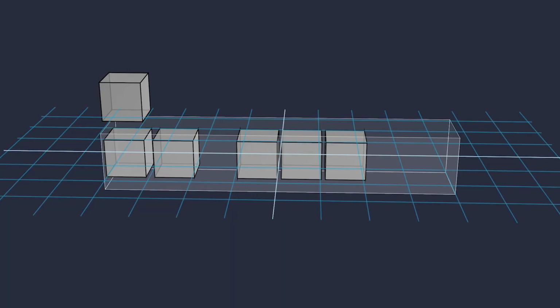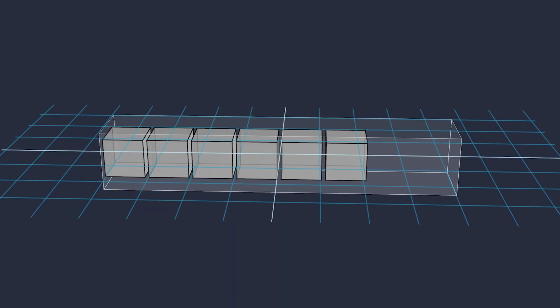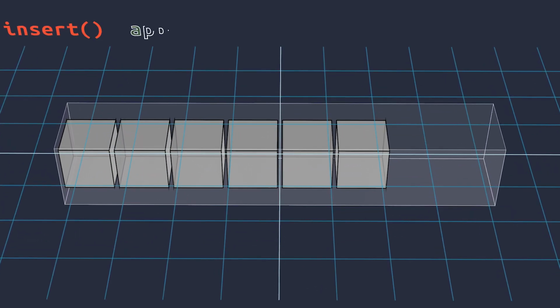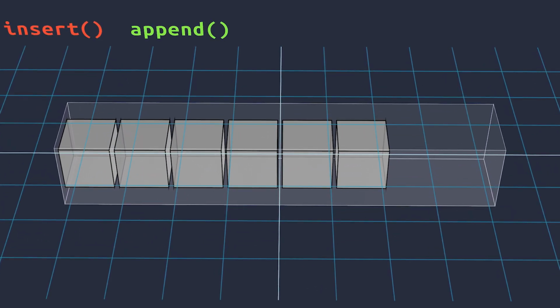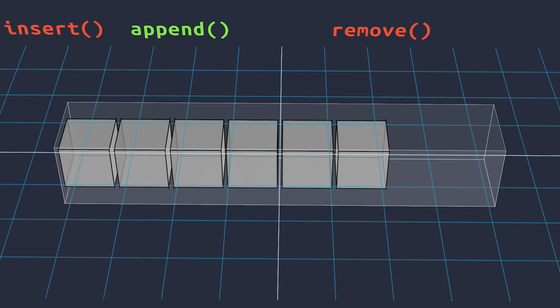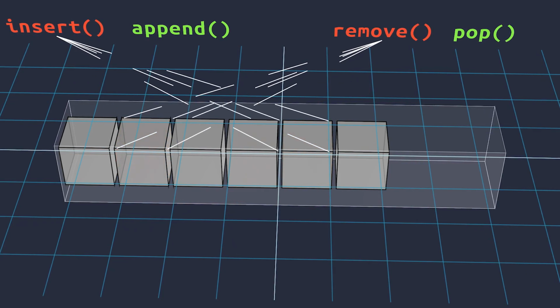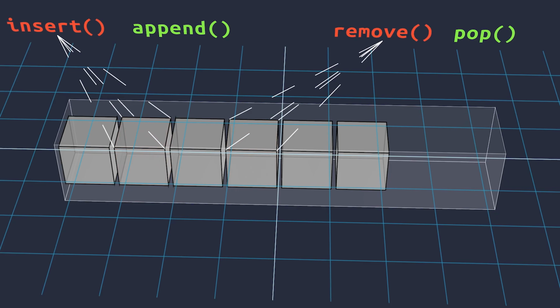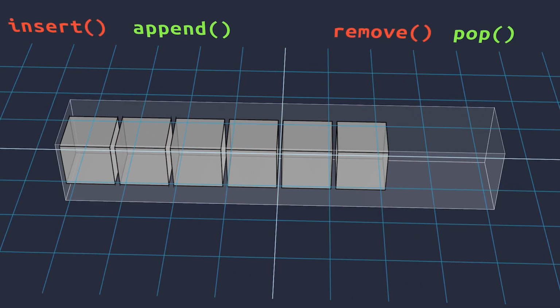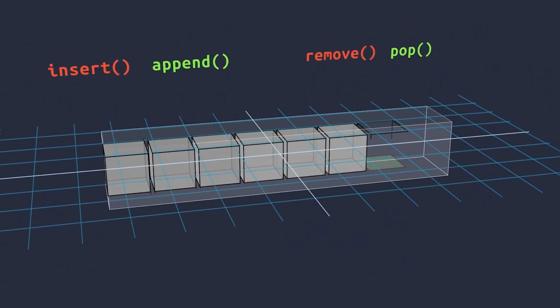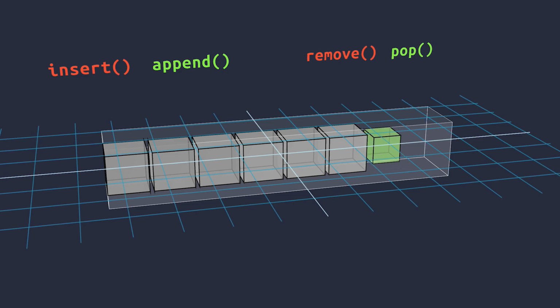In Python, you can insert elements into a list using the standard methods like insert and append. And to remove elements from a list, you can use remove or pop. Insert and remove operate on elements at a specific position in a list, while append and pop insert or remove elements at the end of the list.